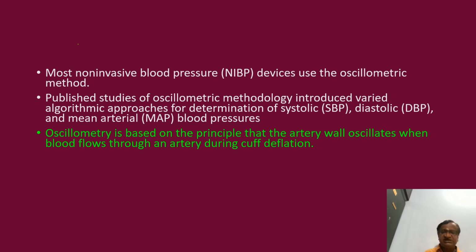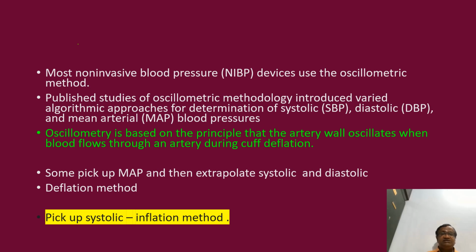Now we are starting to deflate. The arterial wall gets the blood. It oscillates. That is picked up, and the amount of oscillation picked up gives the diastolic and systolic. Some pick up MAP and then extrapolate systolic and diastolic. That is called the deflation method. Picking up systolic is the inflation method.